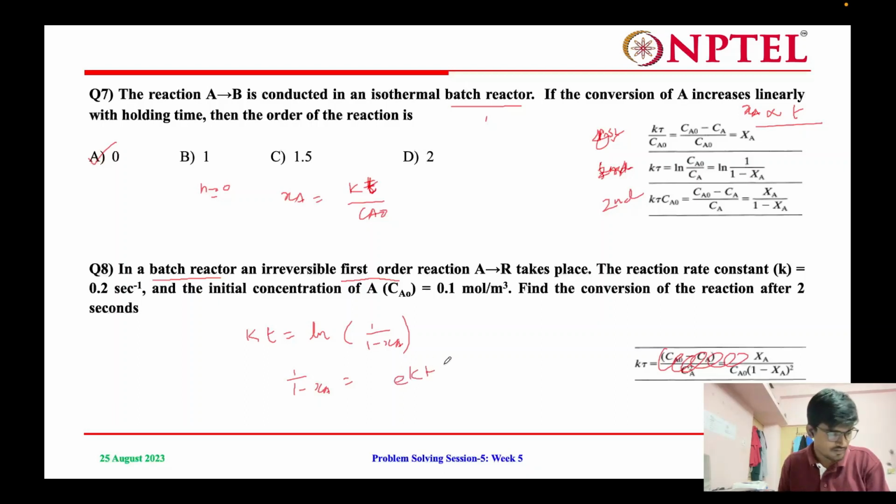Right. So put the values of K and T here. You will get xa. So xa equal to 33%.